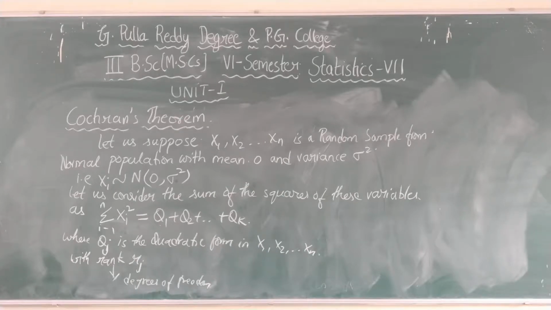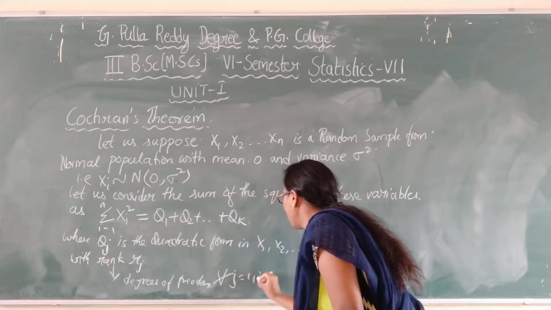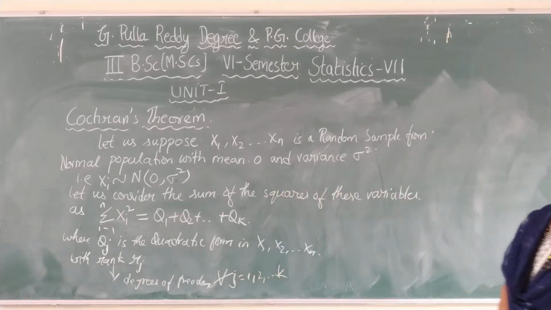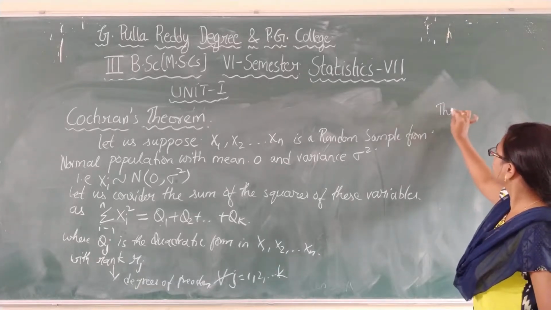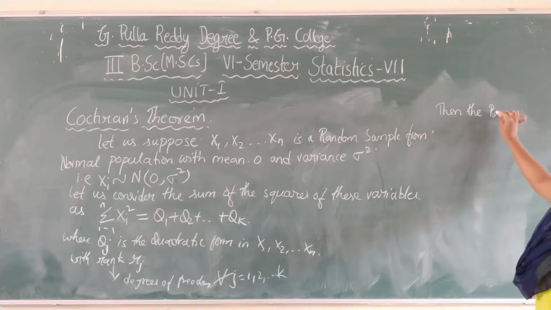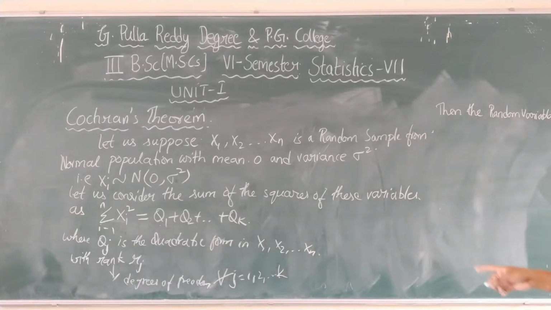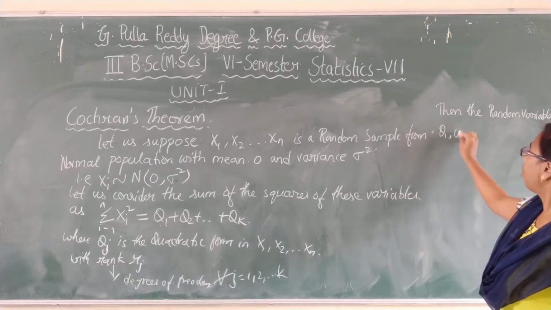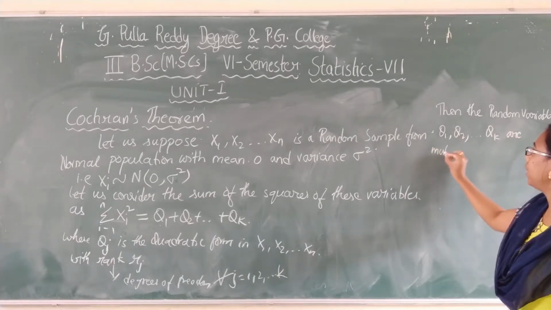So for all j equals 1, 2, so on, k quadratic forms, these random variables Q1, Q2, so on, Qk are mutually independent.